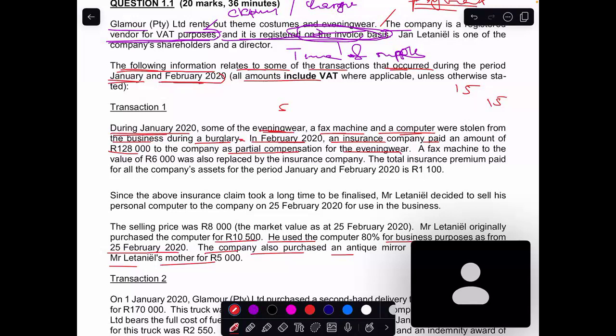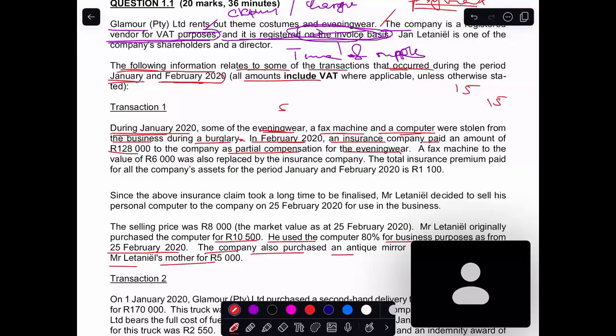Is it a supply? Are we going to calculate VAT output on it or VAT input? What are we going to do with this 128,000? We are going to calculate output VAT on it. Why are we calculating VAT output?